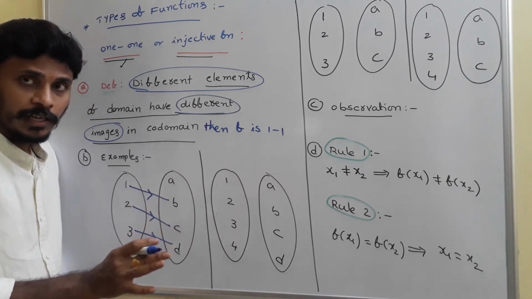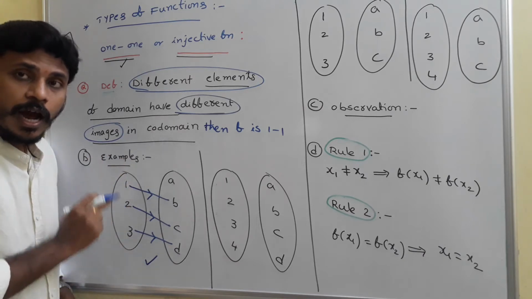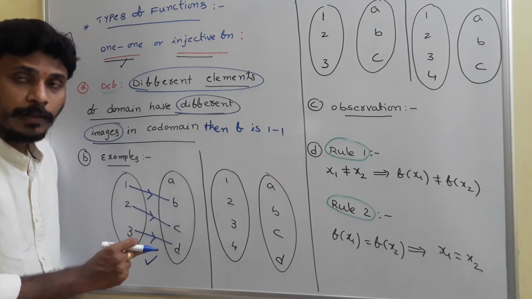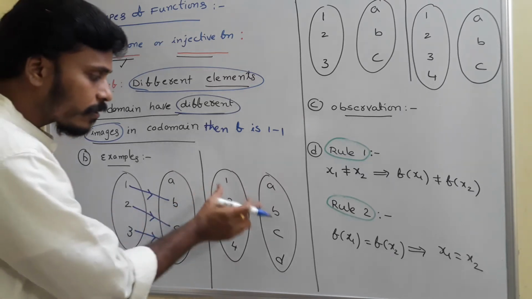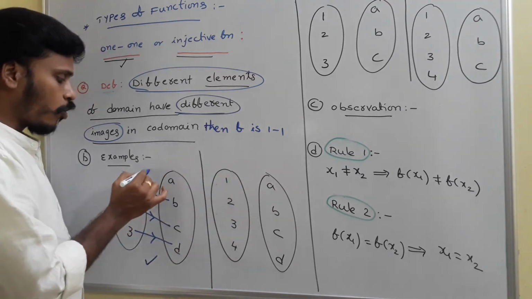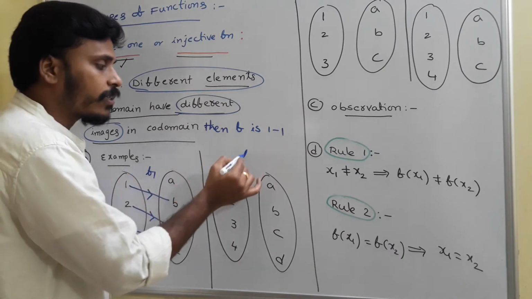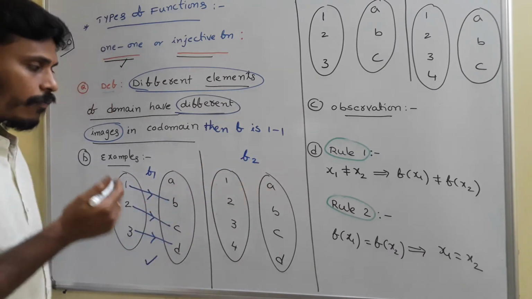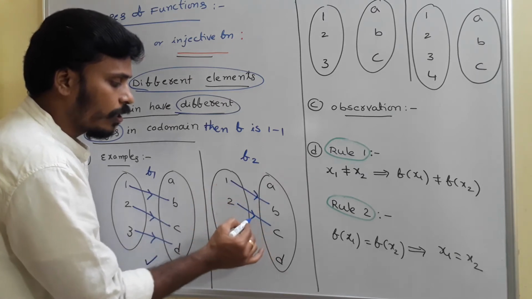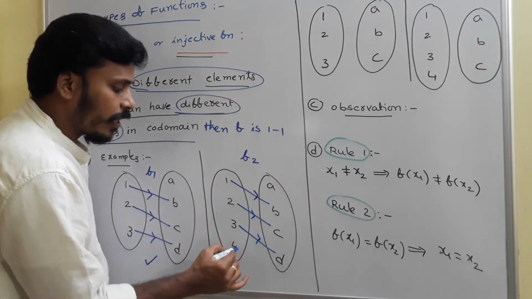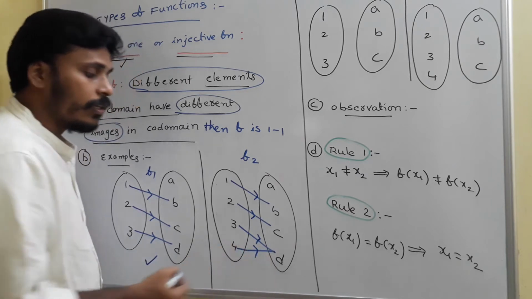Is it clear? Basically it is a function and different elements are mapped to different images, and that's why it is one-one. Coming to the second example, this one you may call f1, and I will give you another example, f2. Suppose you connect 1 to b, 2 to c, 3 to d, and then 4 to d. What to say here?